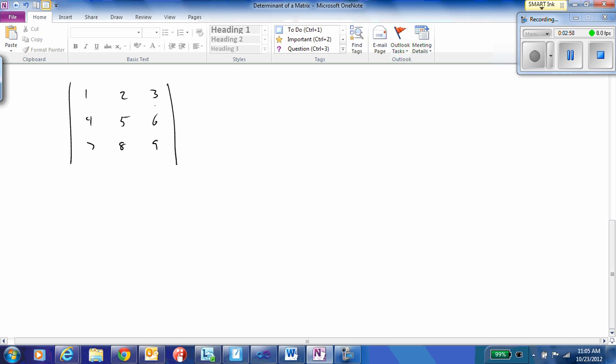So what I do is I look at this as a row. So I'm going to use row 1. You can use any row, and you're going to take the cofactors, or sometimes I call them the pivot point. I'm going to take the first one.